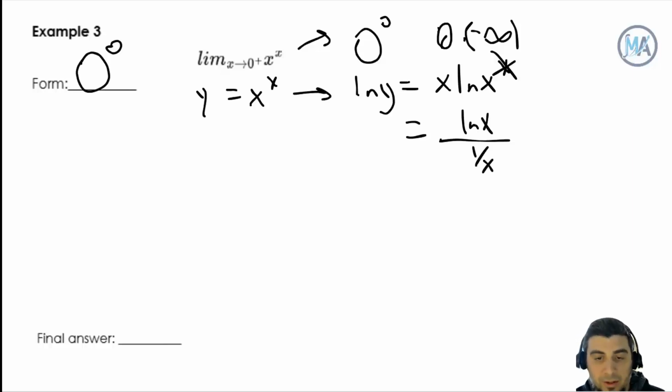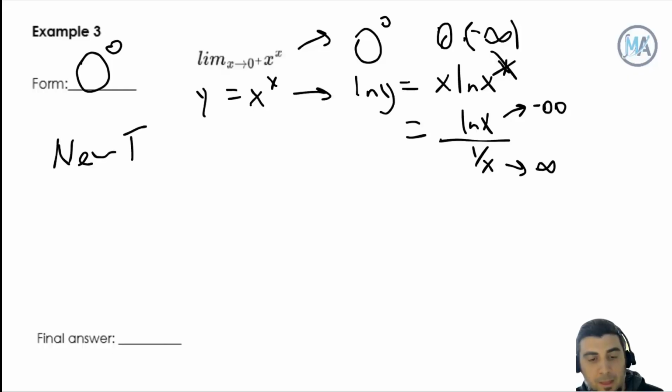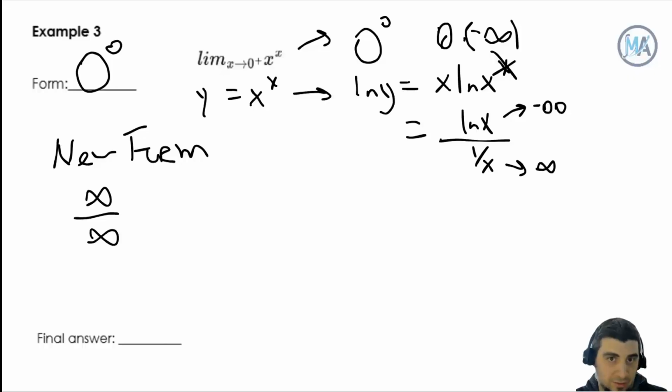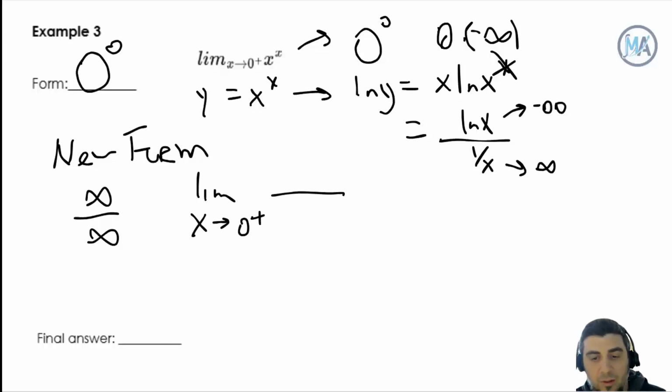Now, if we let x approach 0, the numerator approaches negative infinity, and the denominator approaches infinity, so our new form is infinity over infinity. It doesn't matter if it's positive or negative infinity. So we take the limit as x approaches 0 from the right, and we apply L'Hopital's rule.